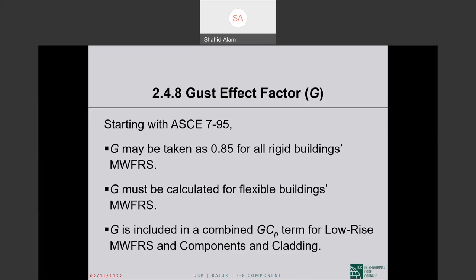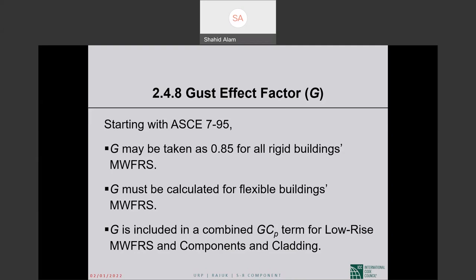But if you calculate gust effect factors of 2, 3, 4, numbers like that, then AC7 tells you in the commentary, you should abandon this analytical approach and go for either sophisticated wind analysis, which basically cannot be done, or wind tunnel testing. So keep that in mind.